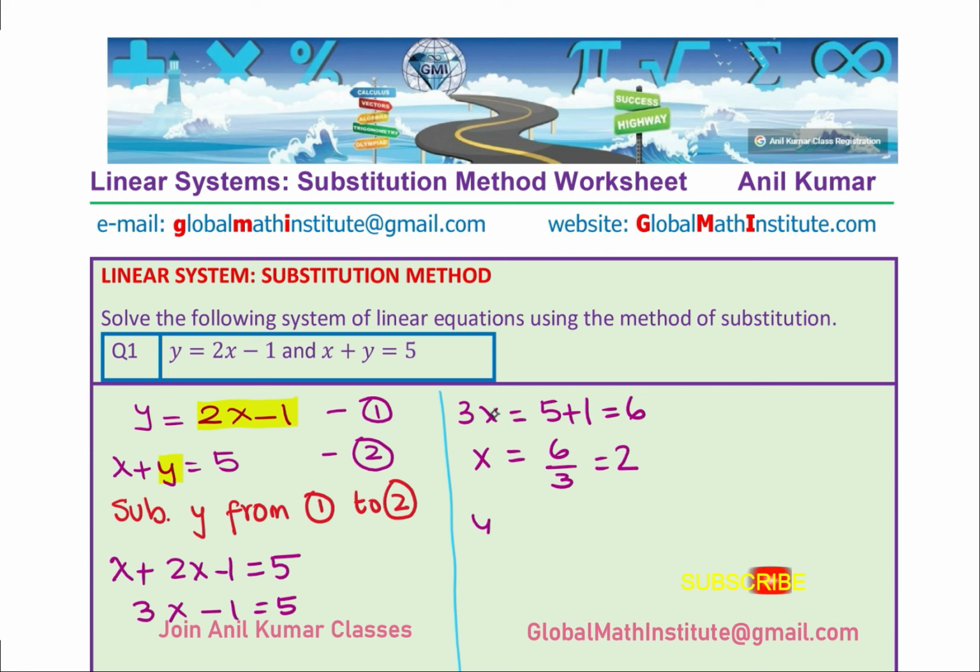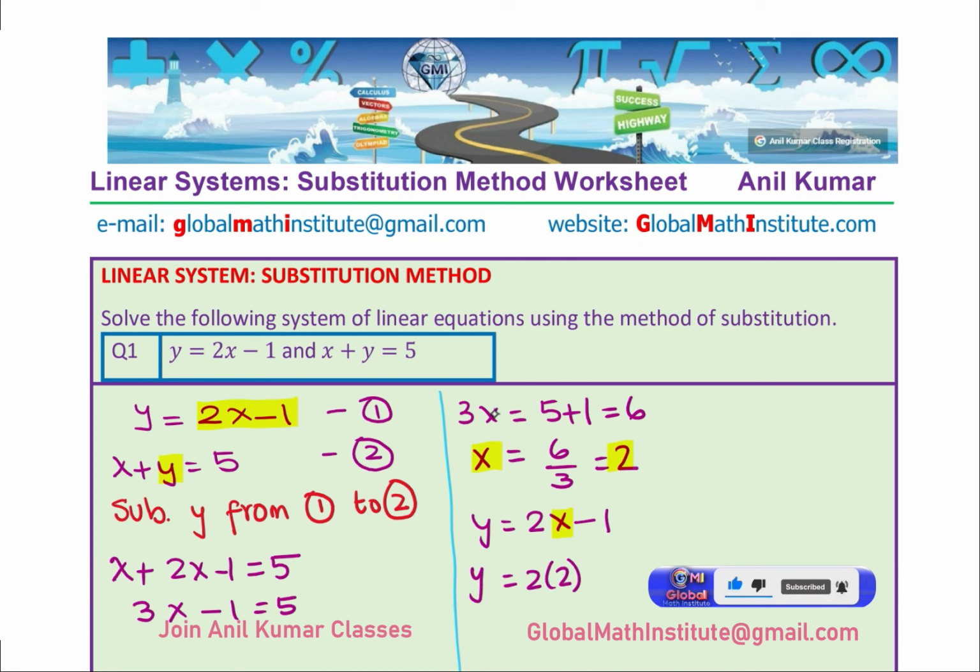So we know y is equal to 2x minus 1 in equation number 1. We'll substitute 2, which we found as the value of x, in this equation to find the value of y. So y will be 2 times 2 minus 1, which is 4 minus 1 or 3. So we get the value of y.